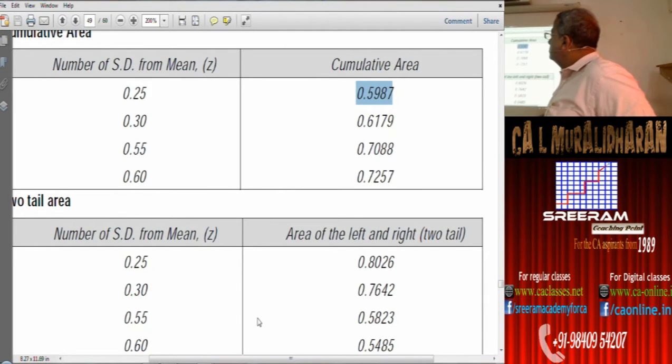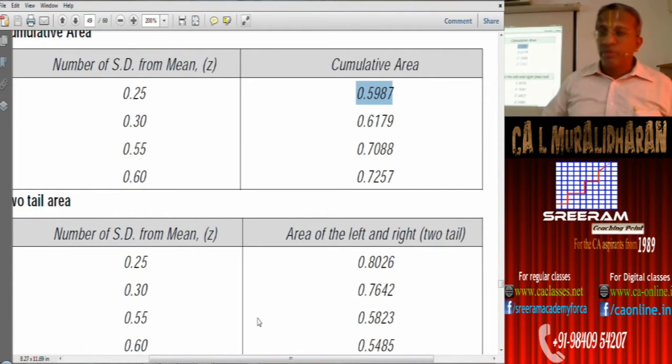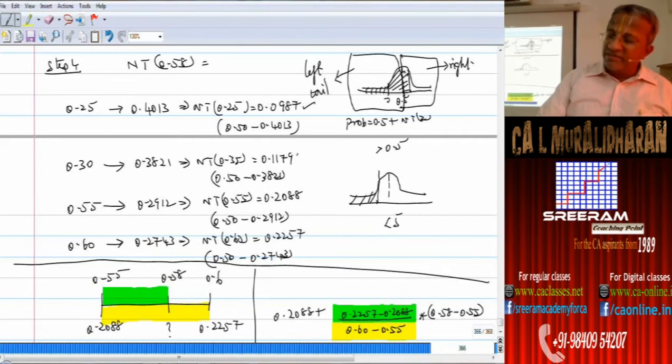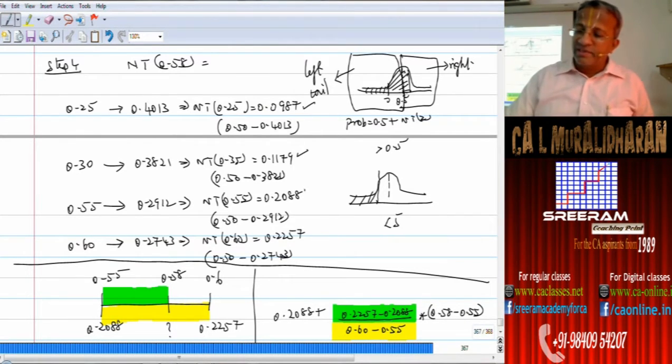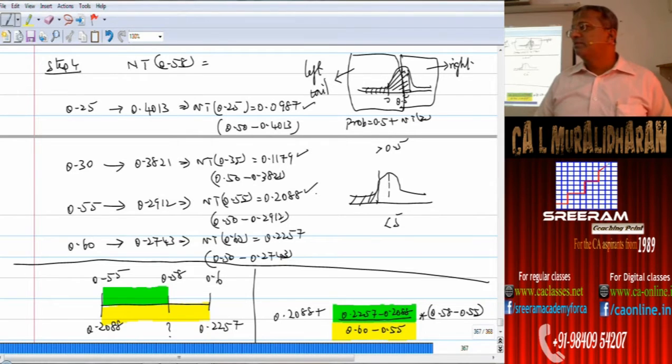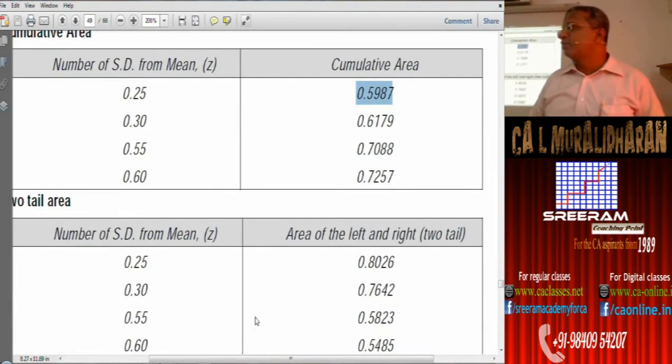Now let me take up the next one, 0.30. The area is greater than 0.5. So from 0.6179 I will be deducting 0.5. Then it will become 0.1179. Now you can tell what could be the right hand side area for 0.55. This number plus 0.5. So what should be the answer? 0.7088.